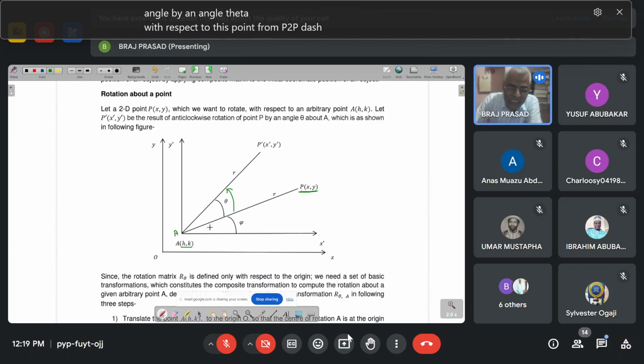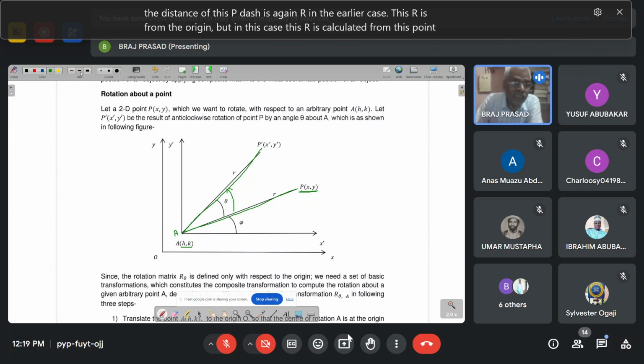So the distance of this object from this point A is R. This is our R. And the distance of this P dash is again R. In the earlier case, this R is from the origin. But in this case, this R is calculated from this point.